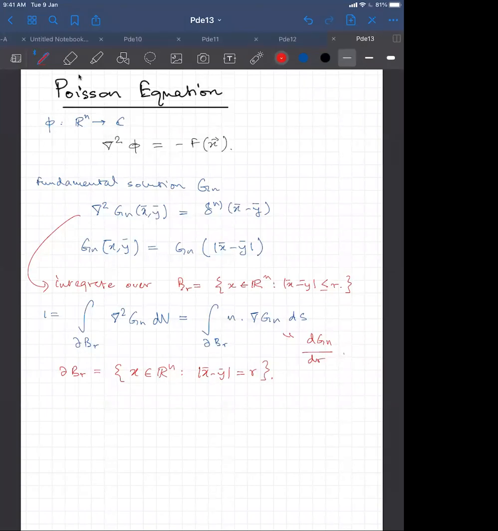Okay, so hence what we obtain is that 1 is equal to the integral over del BR of dGn dr, r to the n minus 1 d omega n, which is r to the n minus 1 dGn dr times the integral over S n minus 1 of d omega n.